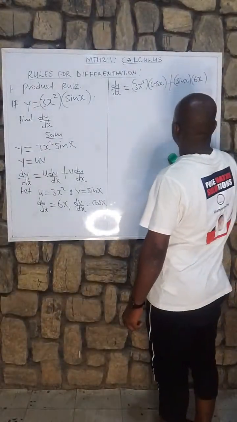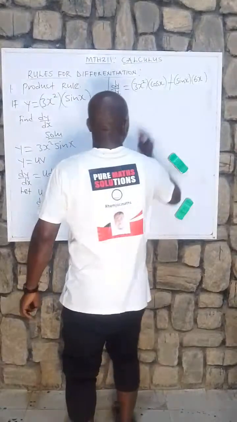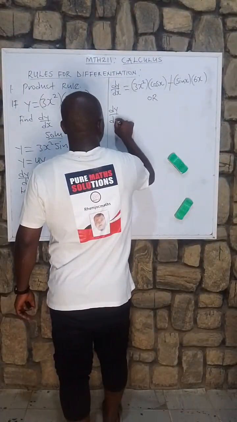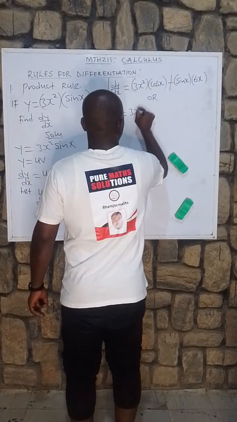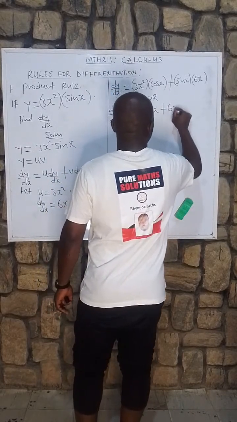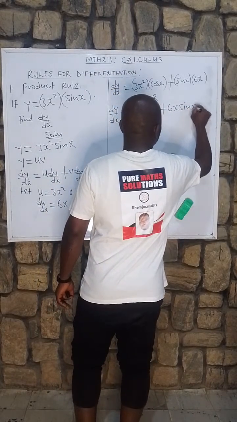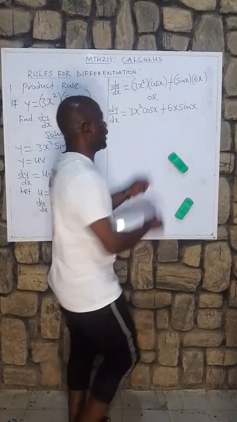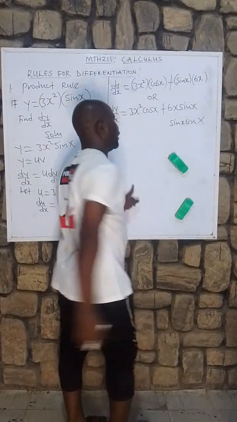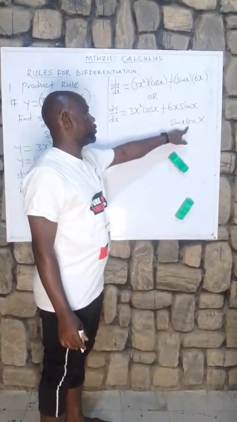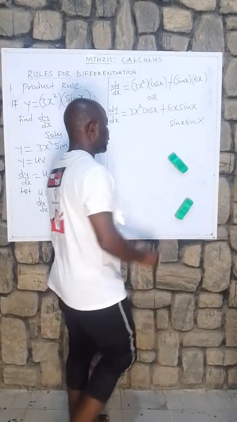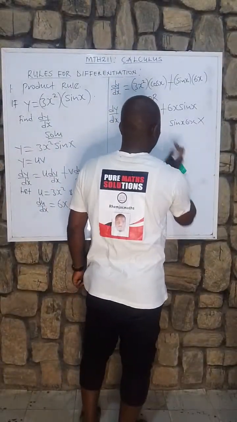This is the answer. It's simple as ABC. Or we can write it this way: dy over dx equals 3x squared cos x plus 6x sine x. Please don't ever write sine x 6x. Mathematically, it is wrong. Write the value before the trig function. Is that clear?